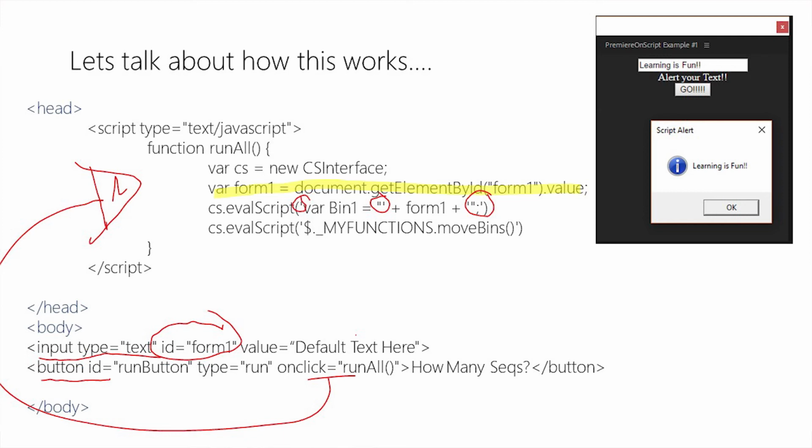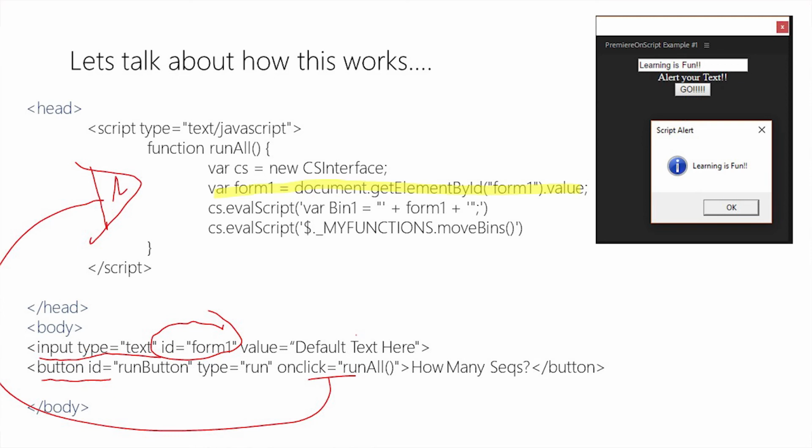We're going to use a single quotation mark to declare variable bin1 equals, and then do a double quote, and then end the single quote. Then we're going to do plus form1, which is just that text that we've entered, plus single quote. This is going to be the close double quotes, and then the semicolon and another single quote to close out that string.